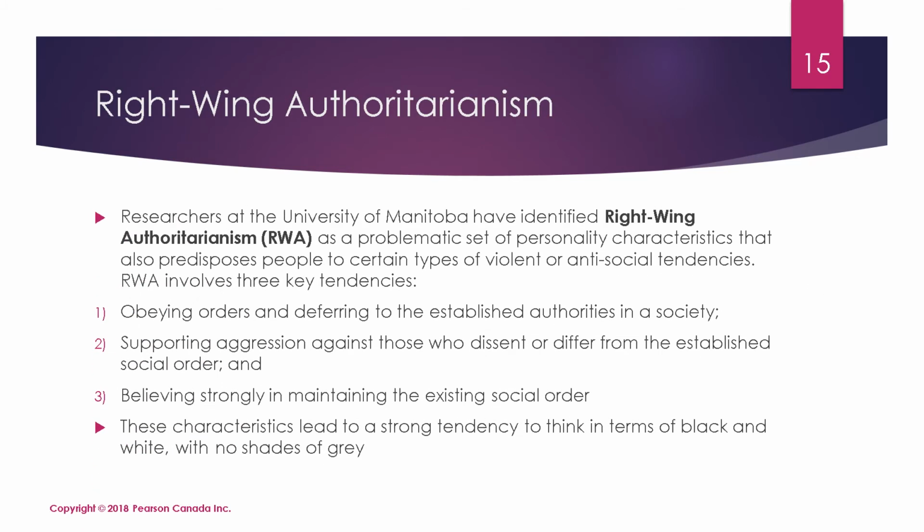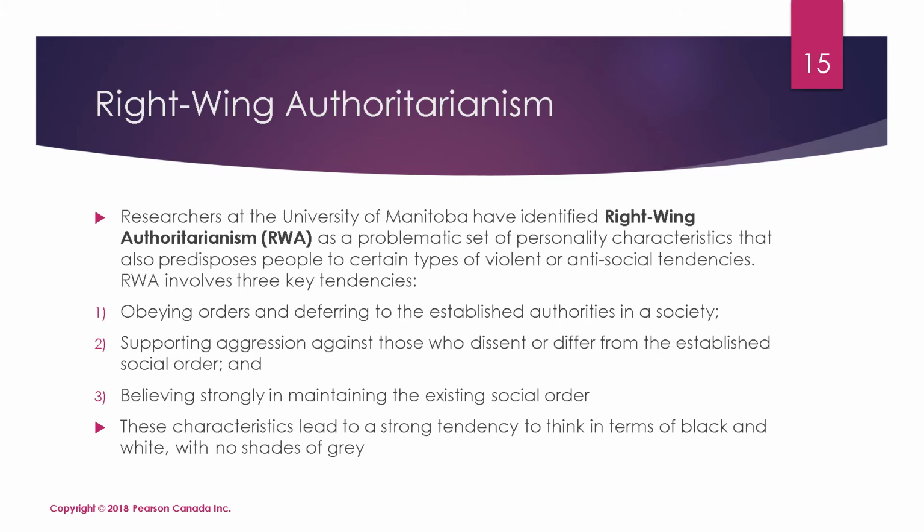So now we want to talk briefly about right-wing authoritarianism, which is another theory of how some people might go along and do things that would be considered evil or wrong from a typical moral standpoint. And this one was actually come up with by some researchers at the University of Manitoba. So again, very close to home.